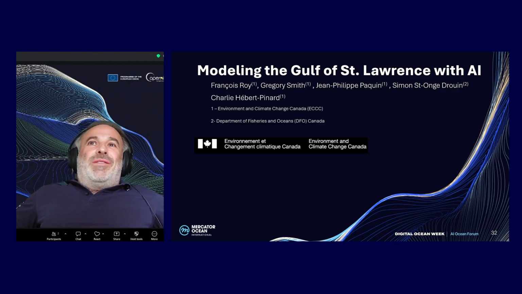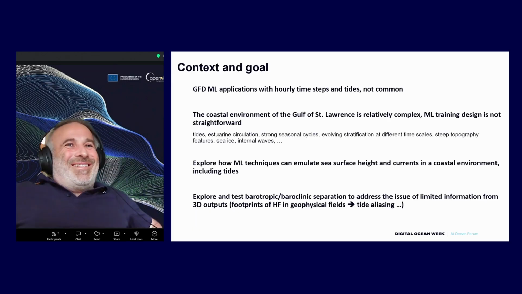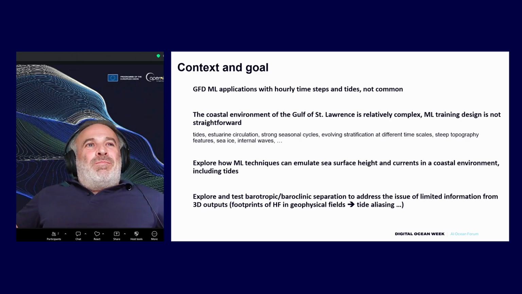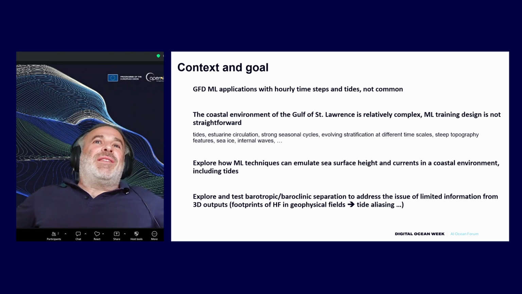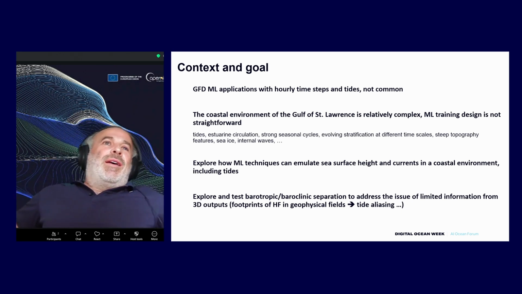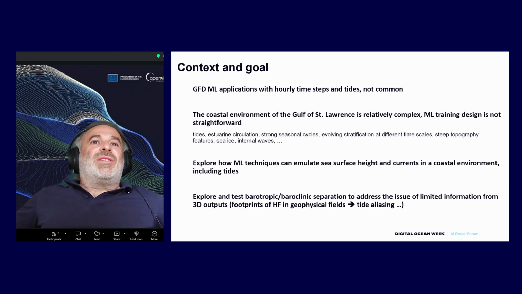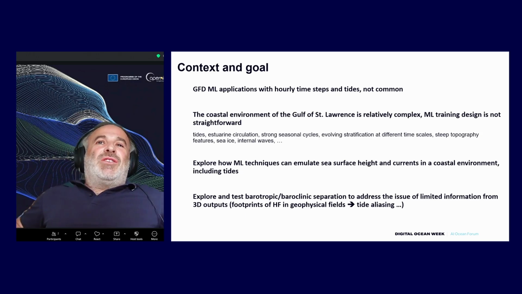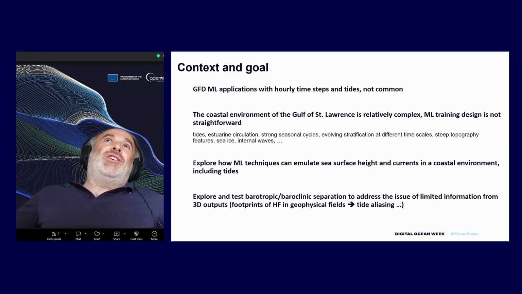Yes, so next slide, please. So the context here is that we don't have a lot of machine learning applications with hourly time steps, including the tides. And like I said, the Gulf of St. Lawrence is very complex. It has tides, estuarine circulation, strong seasonal cycles, evolving stratification. So we have 3-layer stratification in summer and 2-layer in winter.